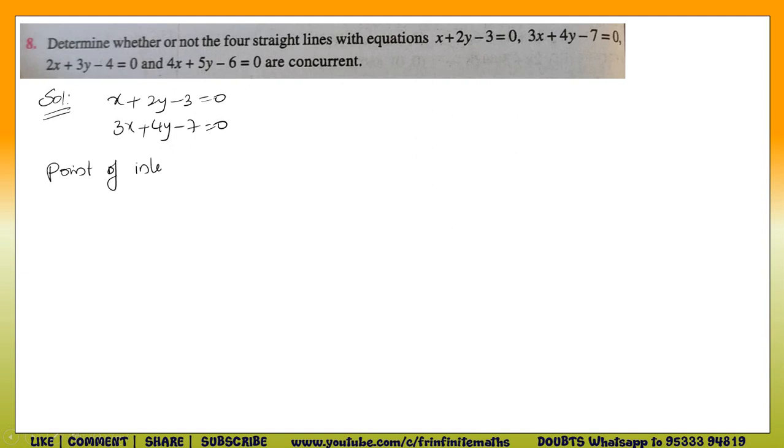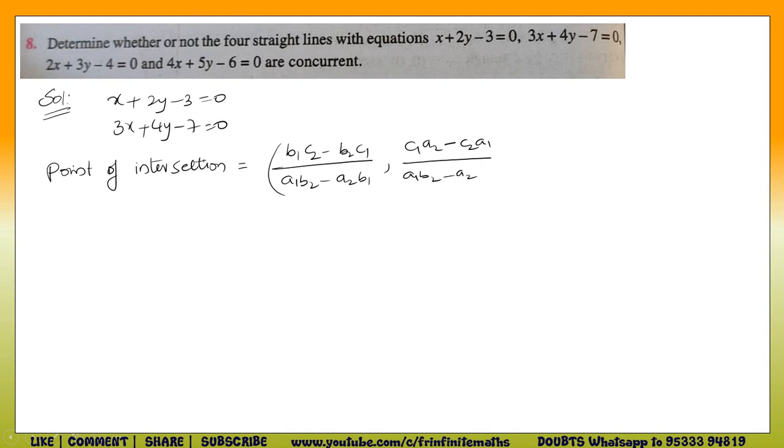So what is the formula for the point of intersection? It is given by (b1c2 - b2c1)/(a1b2 - a2b1), comma, (c1a2 - c2a1)/(a1b2 - a2b1).